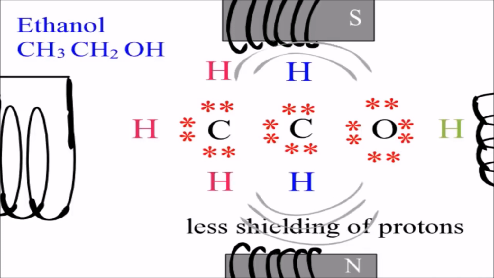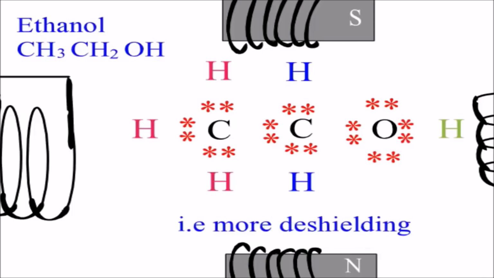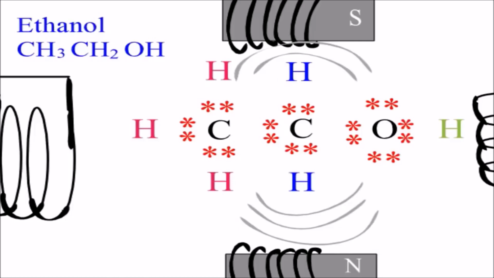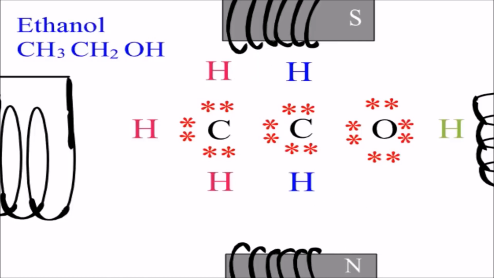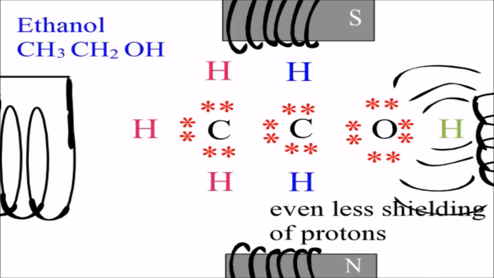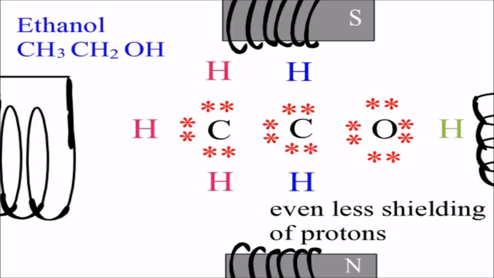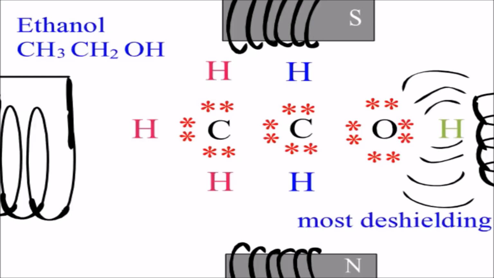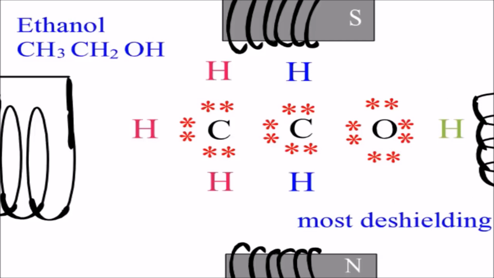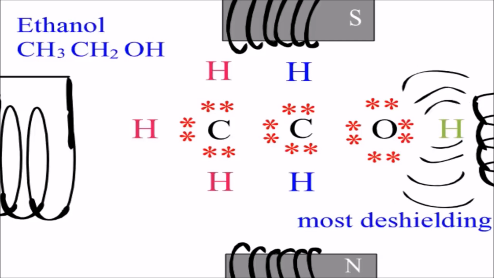Those in the middle have been deshielded less than the proton there in green attached to the oxygen directly, but they will experience a stronger magnetic field than the protons on the carbon to the left, because deshielding has been greater. And there on the right, the hydrogen or proton attached directly to the electronegative oxygen atom will have the most deshielding and will experience the strength of the external magnetic field the strongest.